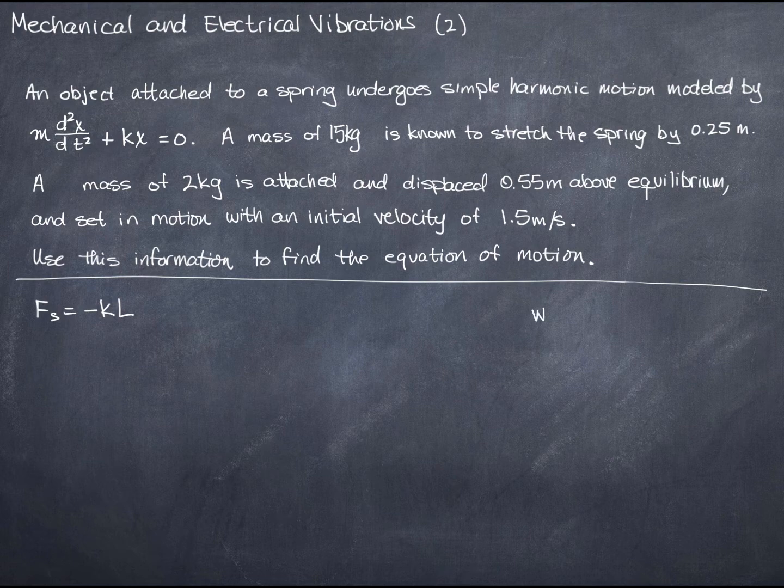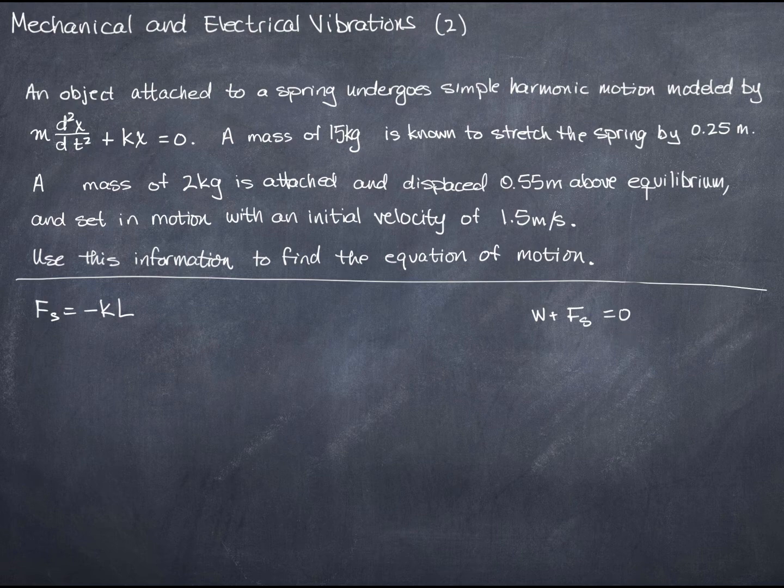Remember that the weight plus the spring force is equal to 0, because the weight of an object pulling down on a spring or down on a system is being counteracted by the force of the spring pulling it back up again. So the sum of these things is 0.